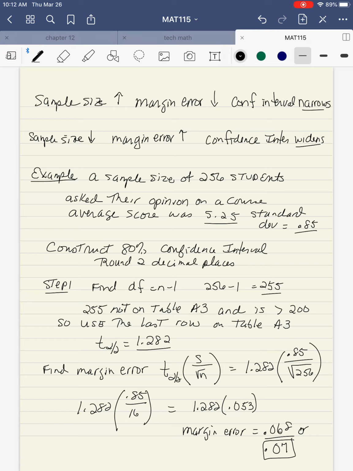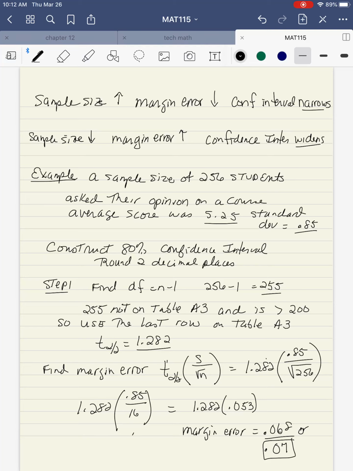Then I find the margin of error, so it's going to be t, the critical t value times s over square root of n again, so it's 1.282. That's what I looked up on the chart. Standard deviation was 0.85, and again my sample size, I used the 256 number, so square root of 256.